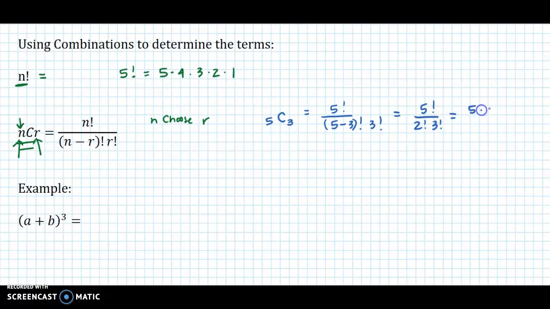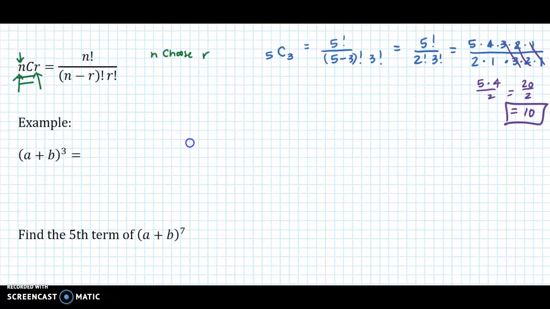And then you could even say 5 times 4 times 3 times 2 times 1 over 2 times 1 times 3 times 2 times 1. And magically things cancel out. Boom, boom, boom. So you have 5 times 4 over 2, which is 20 over 2, which is 10. So there are 10 possible ways that you can choose 3 out of 5 things, assuming all of those things are different.